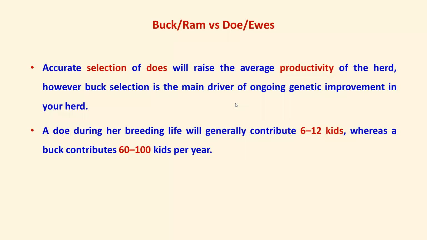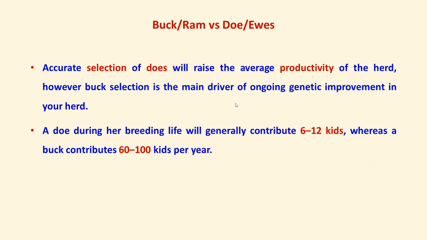Not only for sheep and goat, you see in cattle and buffalo, everywhere they talk about selection of the male animals. Why? Because if we select a female animal, definitely it will increase the productivity of the herd. But when you select a buck or a male animal, it will improve the genetic makeup of the whole herd in total.